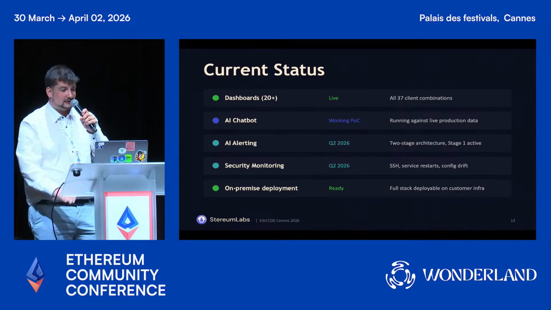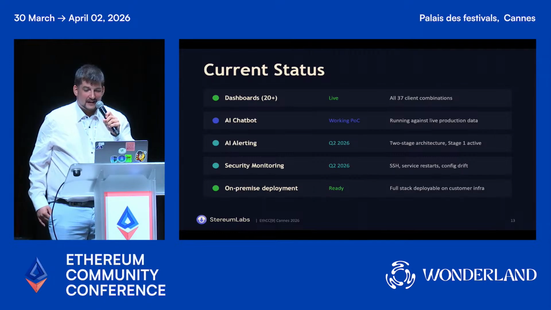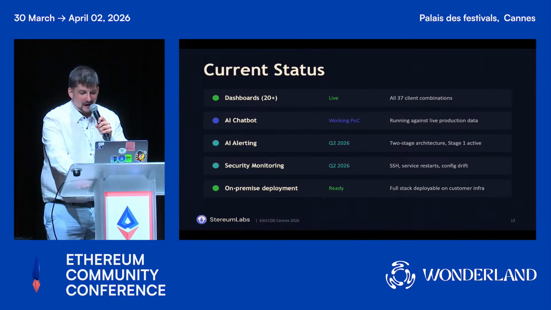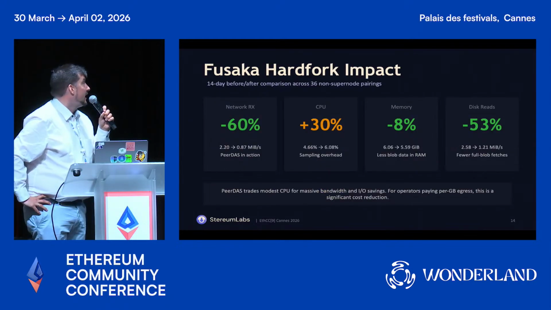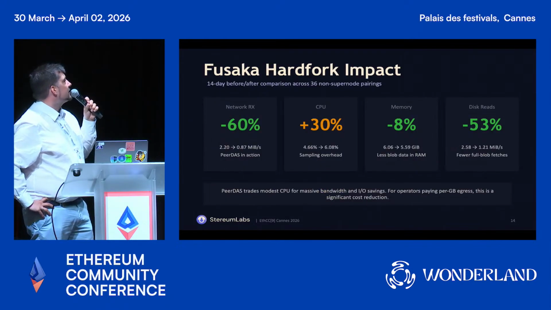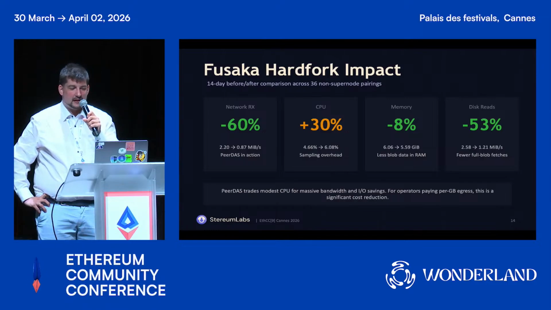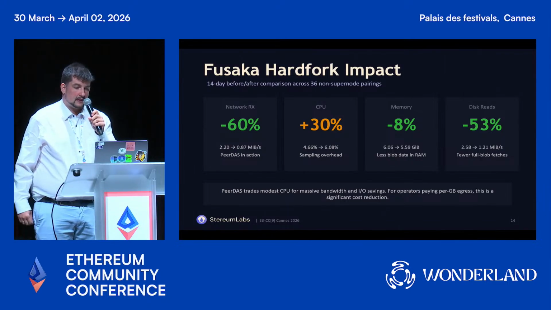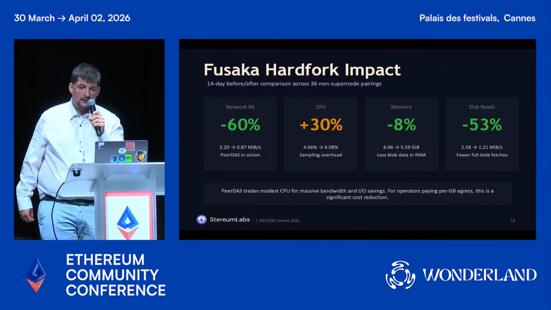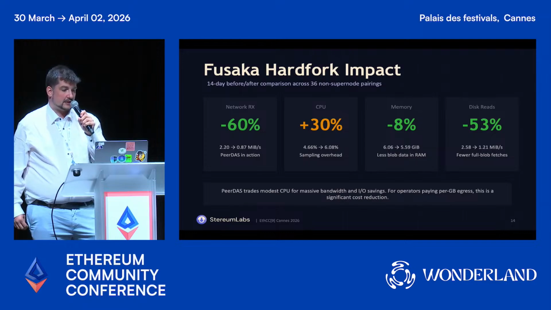So, okay. Now I'm coming to the thing you might finally have come for, and it's an overview of what Fusaka meant for the ecosystem, and we want to encourage you, of course, to do this yourself in the future, or if you have any more specific questions about it.